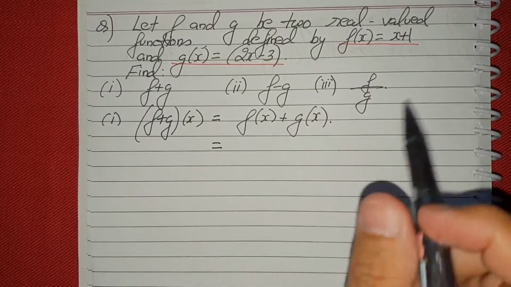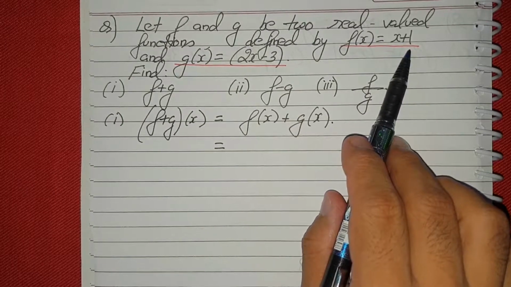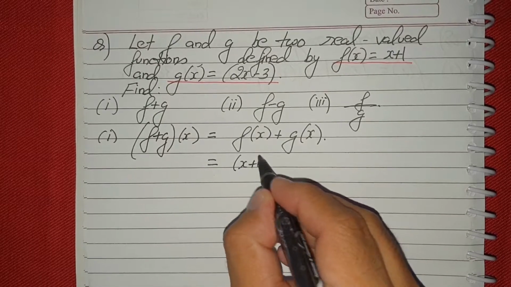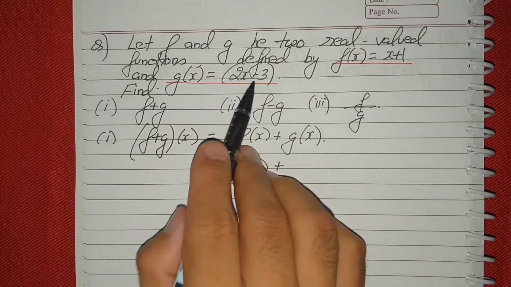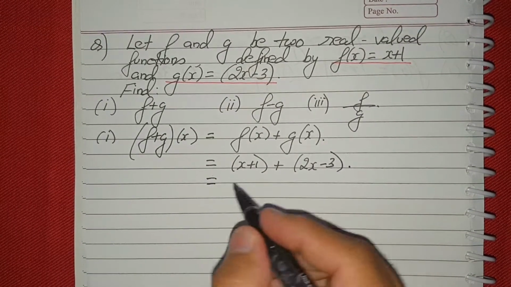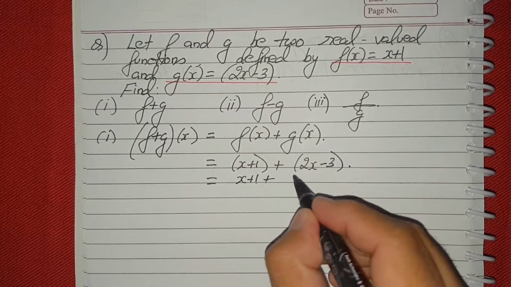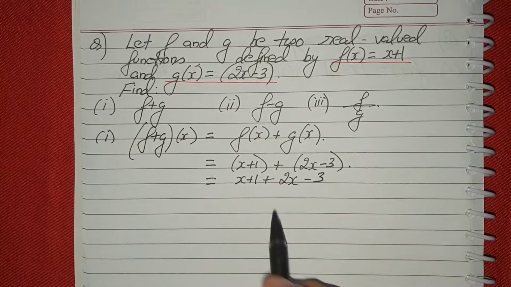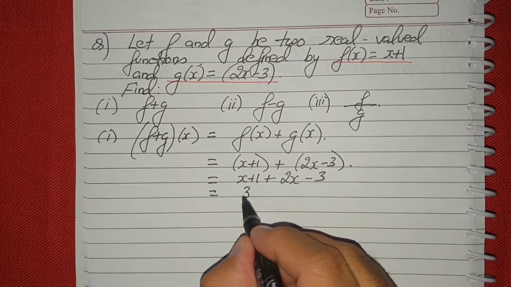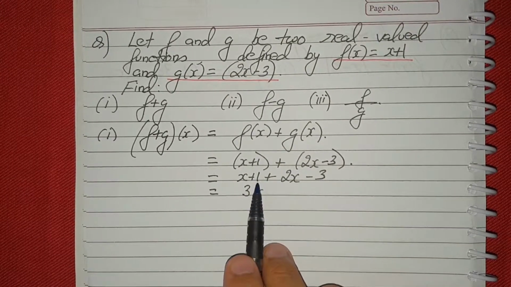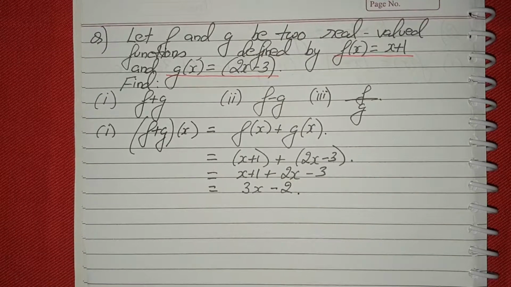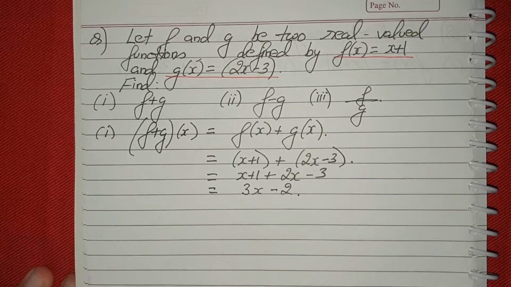Now what is f(x)? f(x) is x + 1, plus g(x) is 2x - 3. Open the bracket: (x + 1) + (2x - 3). So this will be 3x, x plus 2x is 3x, 1 minus 3 is basically -2. So 3x - 2, that's our answer.